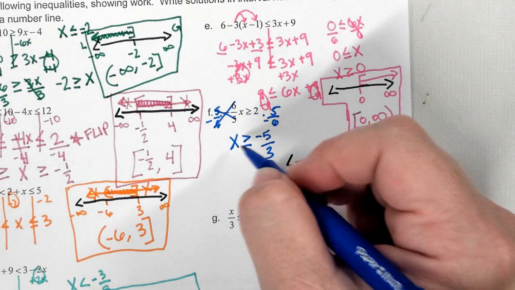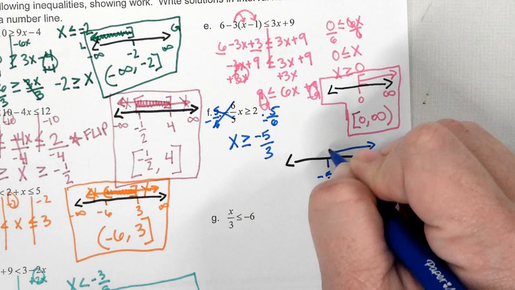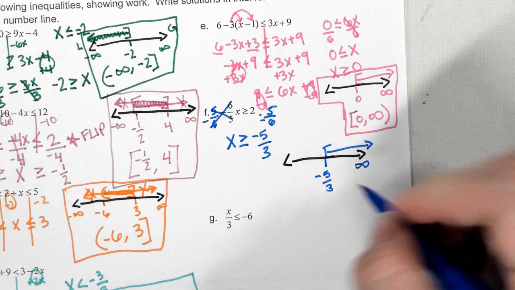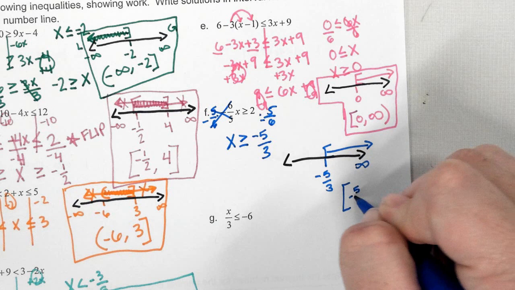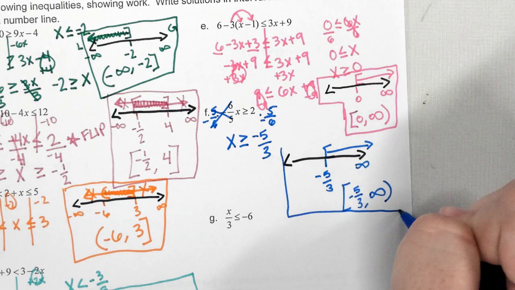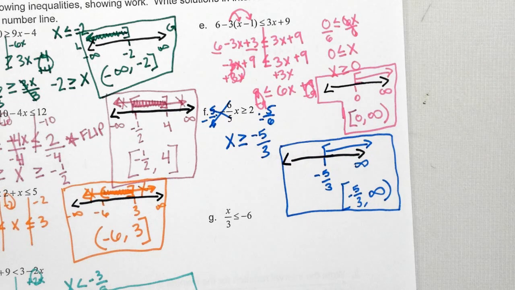So x is greater than or equal to negative 5 over 3. Greater than goes this way, equal to looks like this. So that's positive infinity, so I get negative 5 over 3 to infinity, and there's my solution. Any questions with that?